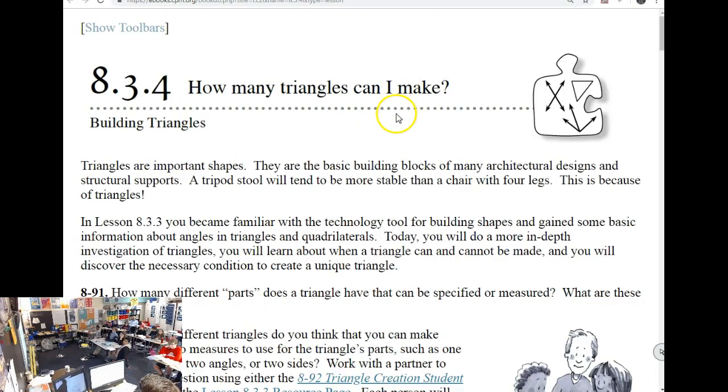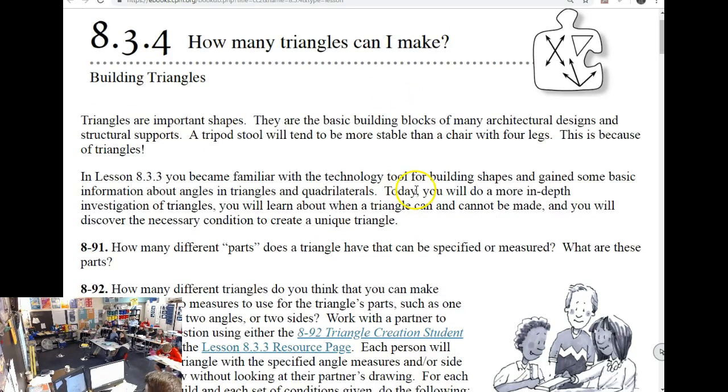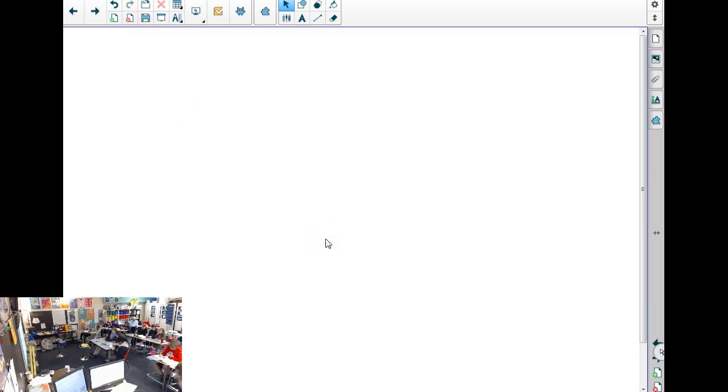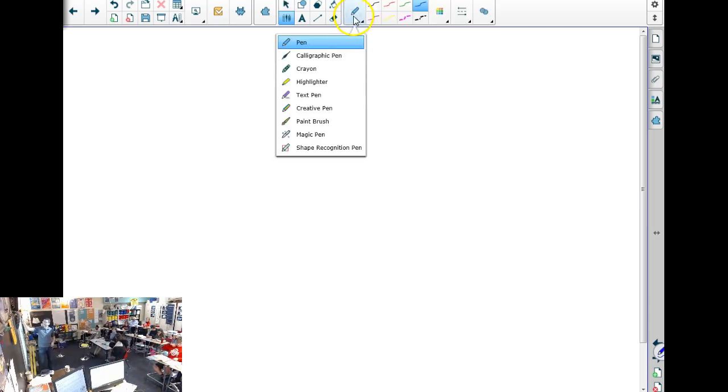Wow, your attitudes. You can bottle that up and take it with you to 8th grade. Great attitude today. Alright, squiggly line. Squiggly line.